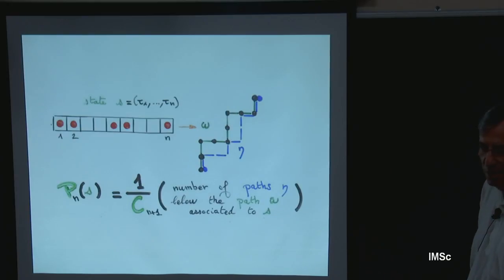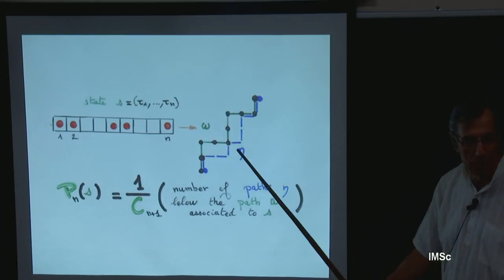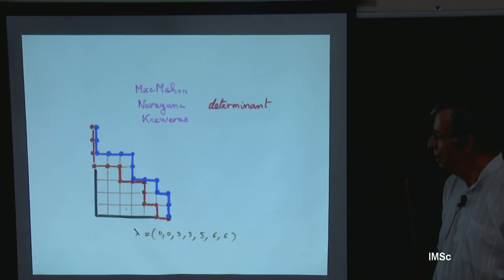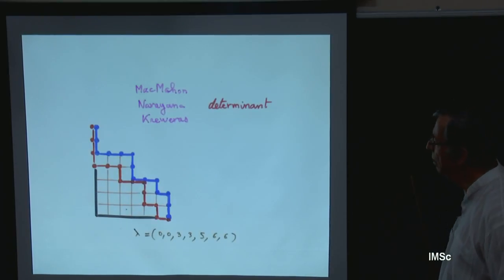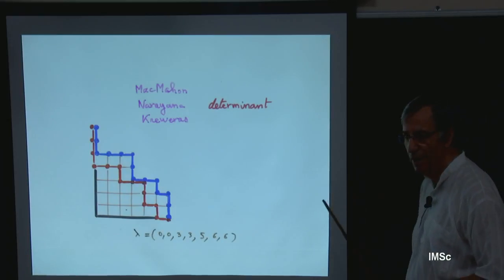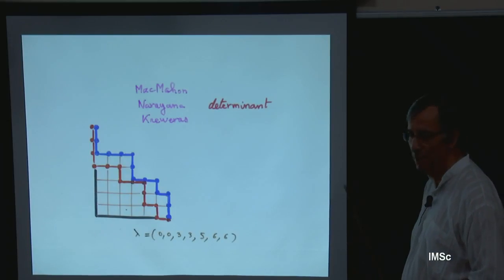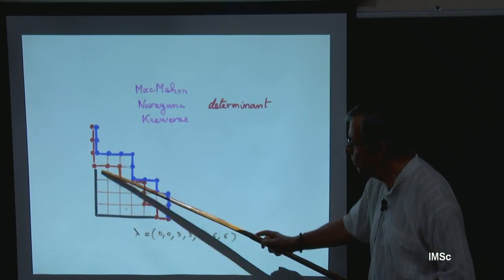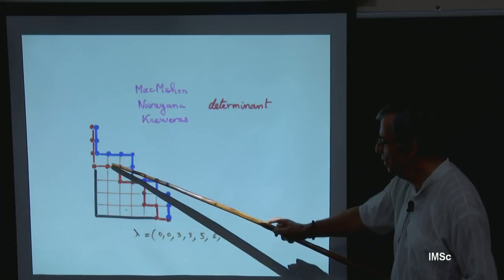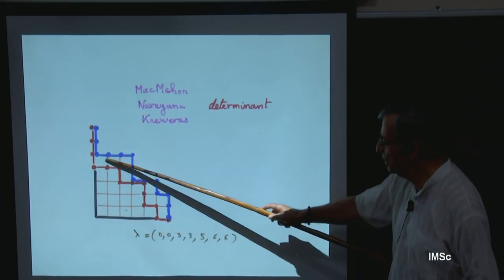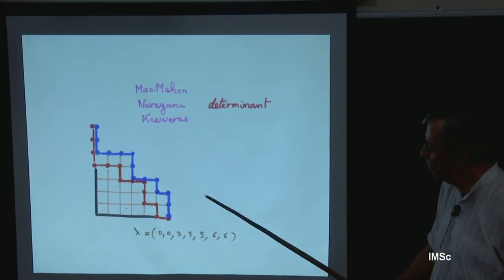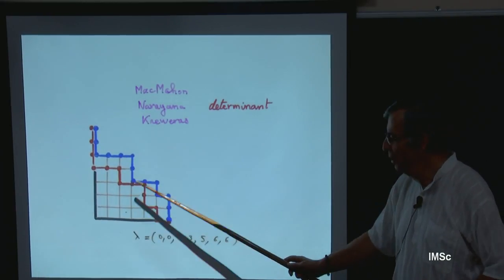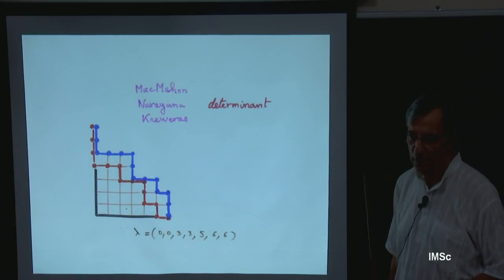So now the combinatorists will say, but what is the number? You fix the path omega. What is the number of such blue paths? And then there is a nice formula, sometimes called Narayana or Kreweras determinant, but it goes back to MacMahon. MacMahon gave a formula for the number of, now we have changed the notation, red paths below the fixed blue path, which means the number of Ferrers diagrams which are included below a fixed Ferrers diagram in the Young lattice.